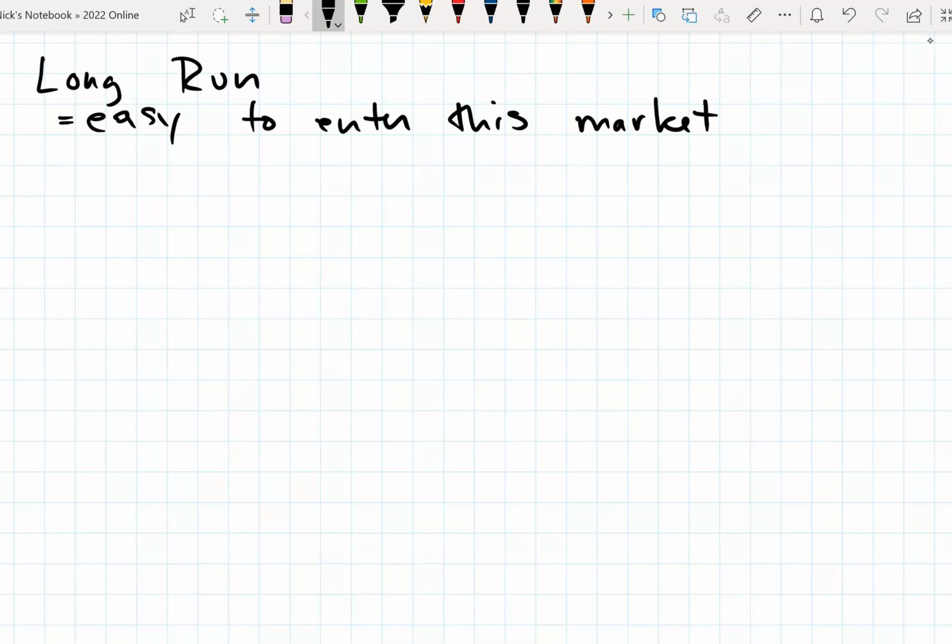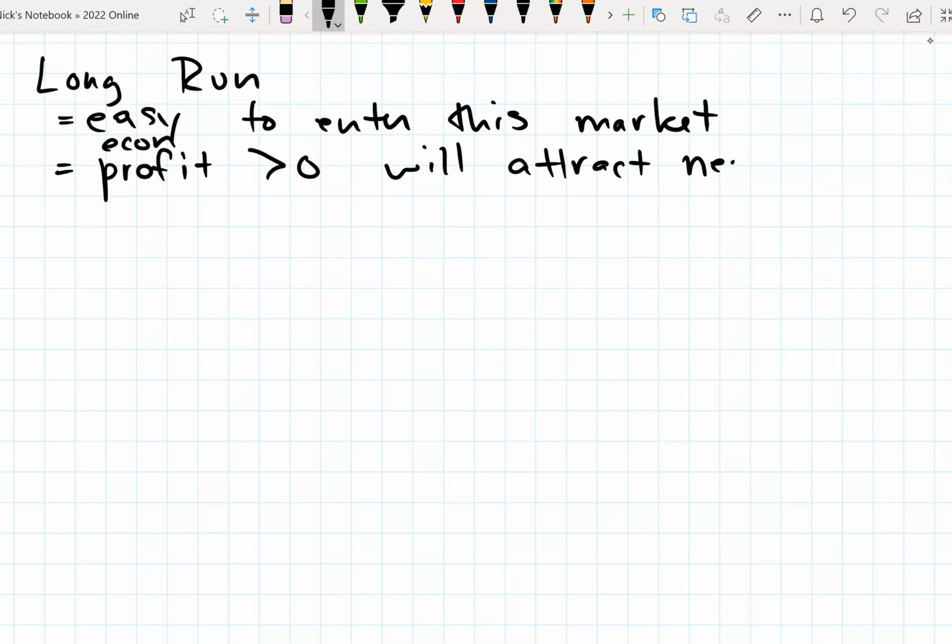They're probably doing better than most other industries if they have economic profits. So it's at least better than perfect competition industries. And so it's going to attract. So when you have an econ profit greater than zero, it will attract new entrants. Okay, so that's what's going to happen. This is going to attract new entrants.